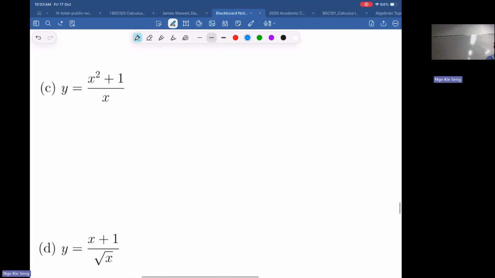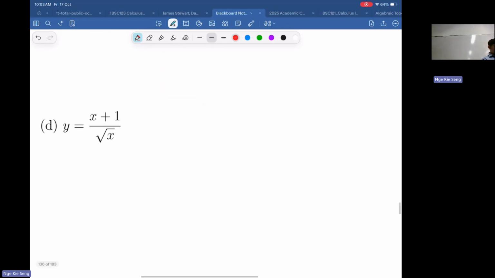For this one, how should you modify this function to make it computable? Is there a better way to write down this function so that you can differentiate it? x plus 1 over x. Yeah, okay. Then you can realize that the derivative of x and 1 over x exists, and then you can do the linear formula. How about this one?